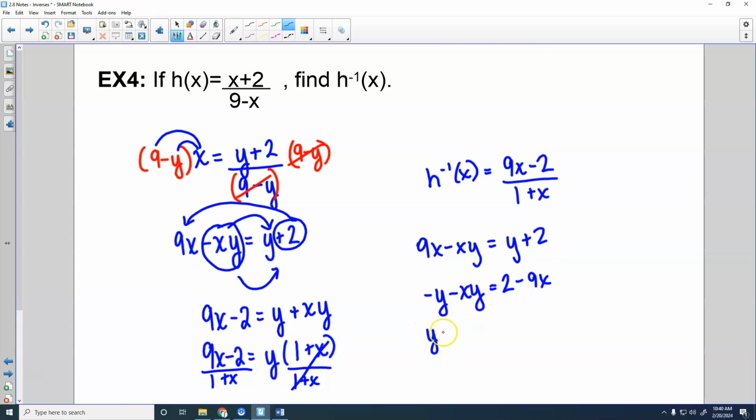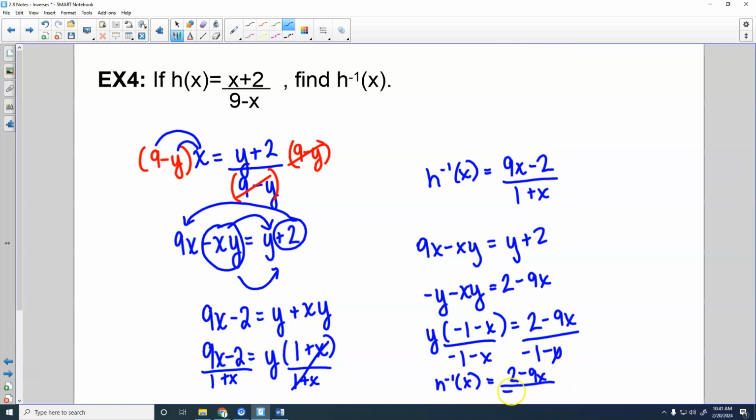And I would factor out a y, and I would have negative 1 minus x equals 2 minus 9x. And I divide by negative 1 minus x, and I would get h inverse of x equals 2 minus 9x over negative 1 minus x.